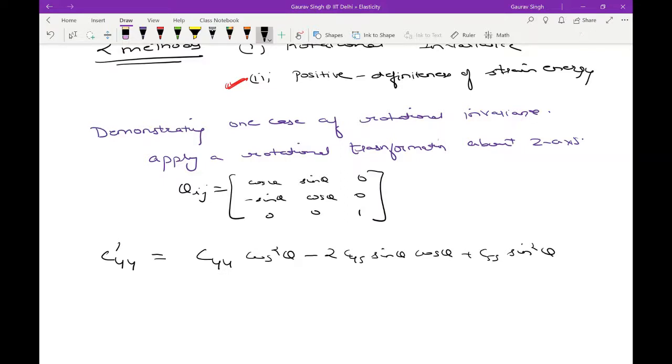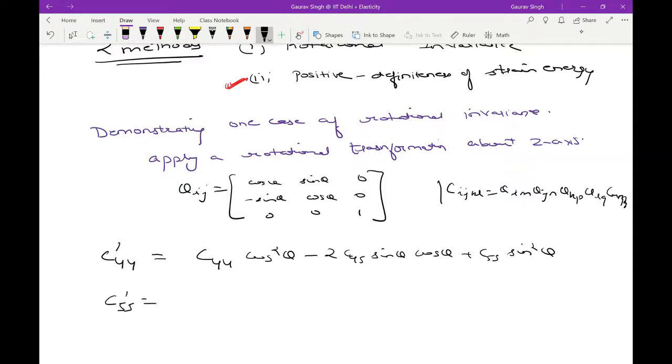How would we do this? Just apply this transformation law and you would be able to get this.